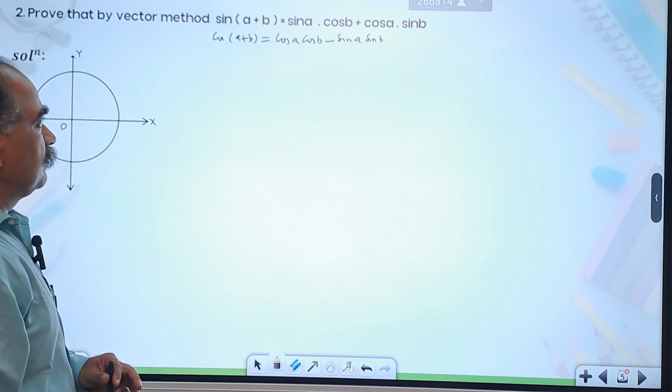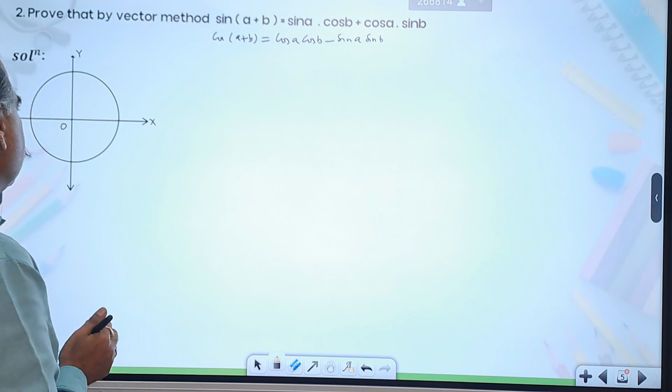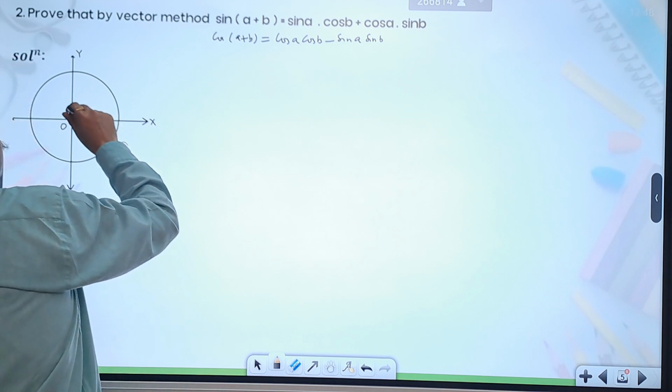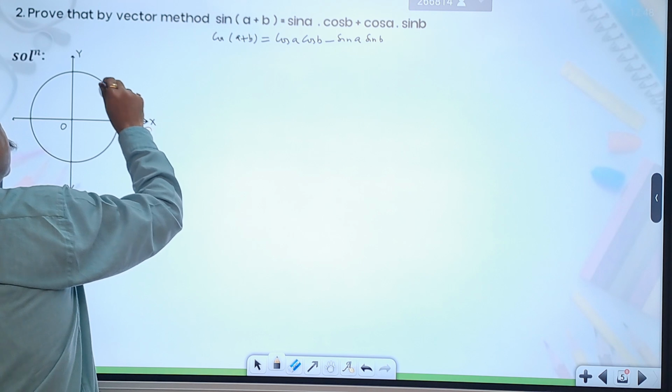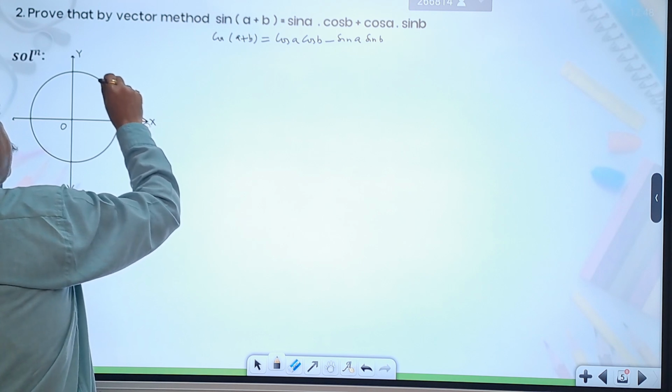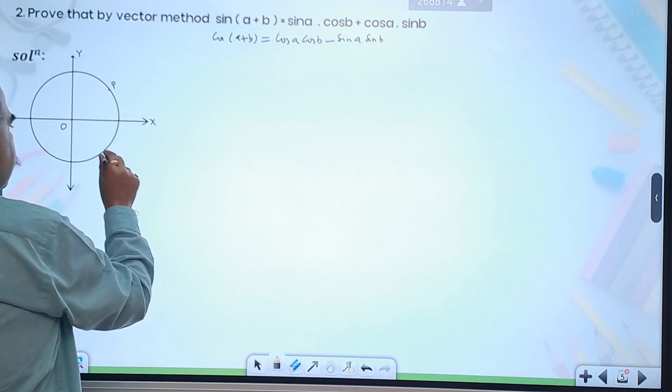In this case also, consider a circle having center at origin and radius 1 unit. Let P and Q be 2 points. Now this time P will be in the first quadrant and Q will be in the fourth quadrant.